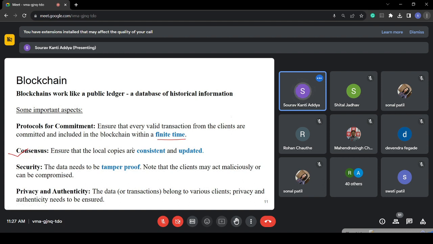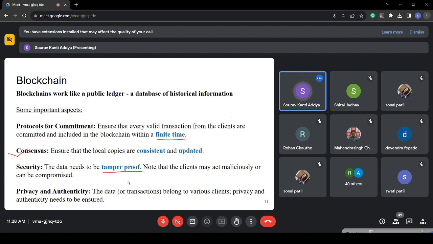Then security. Security is also important, because whatever data we have, it needs to be tamper proof. That is a phenomenal concept, one of the important concepts in blockchain, and that's why blockchain is so popular in terms of security.